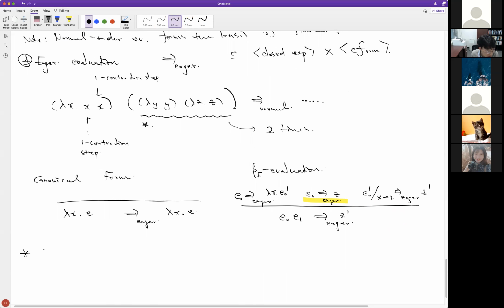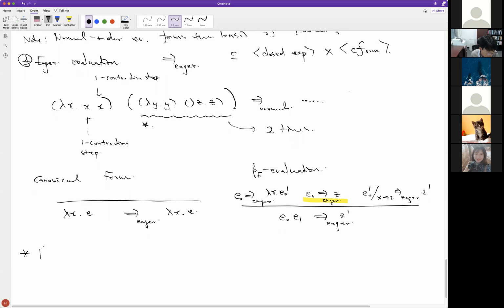The first thing is that typically it's very difficult to compare which one is better in terms of the reduction or contraction steps. Usually eager evaluation works better, but lazy evaluation sometimes performs better, because if you don't use an argument, then lazy evaluation doesn't do any beta contraction or beta reduction at all.